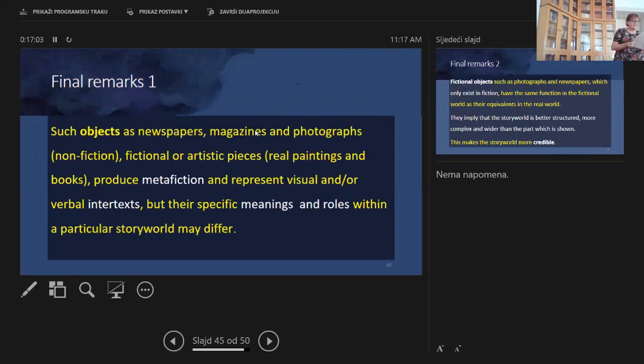So what does it tell us about the ontological status of depicted real entities and fictional worlds? Such objects as newspapers, magazines, and photographs, fictional or artistic pieces, real paintings and books produce metafiction and function as intertexts, but their specific meanings and roles within a particular story world may differ.